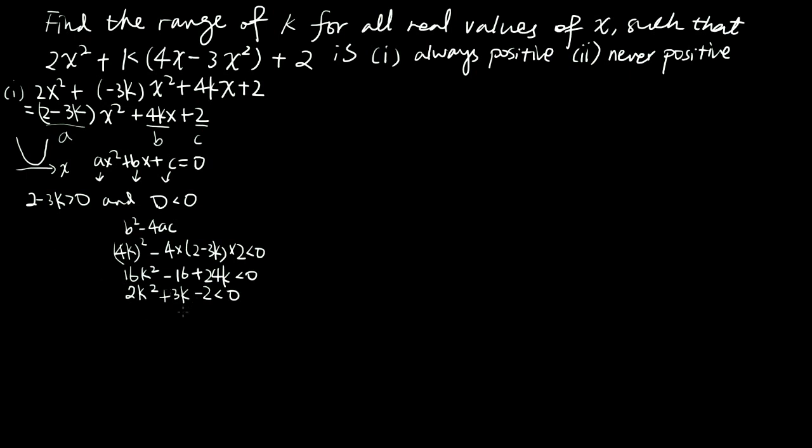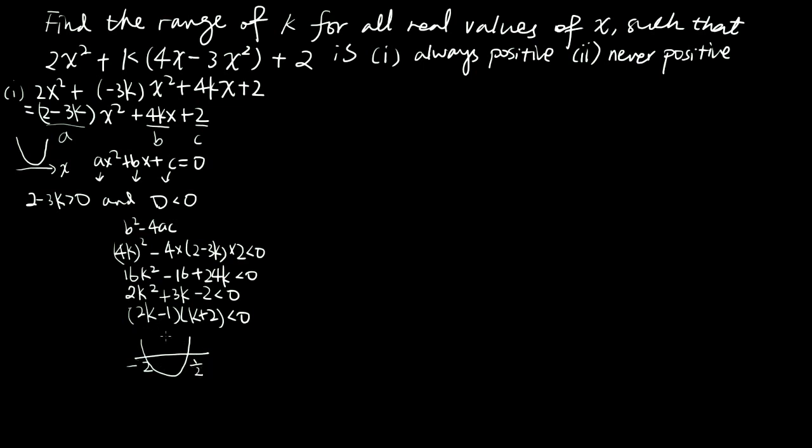How do I solve this inequality? I actually need to sketch the graph. Factorize and find the two solutions first. So the graph for this part will look like that, with negative 2 and a half as the two roots, right?